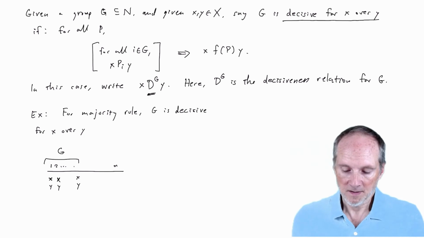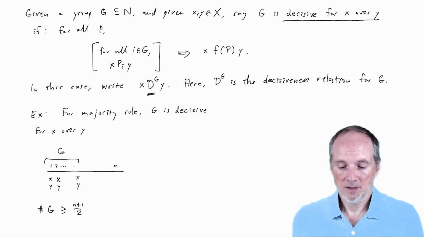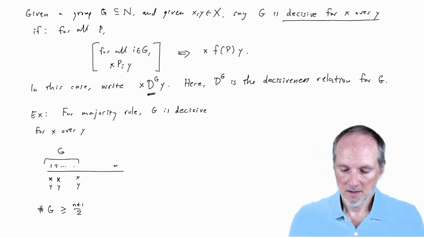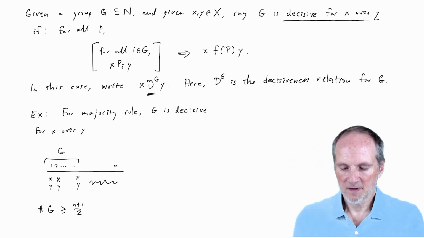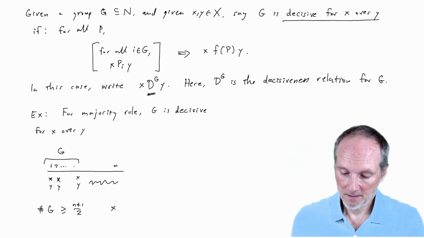Suppose G has more than half of all the individuals. That means G is a majority. So if everyone in G prefers X to Y, then no matter what the preferences of these other guys are, X will be majority preferred to Y. So if G contains more than half of all the individuals, then it will be decisive for X over Y.